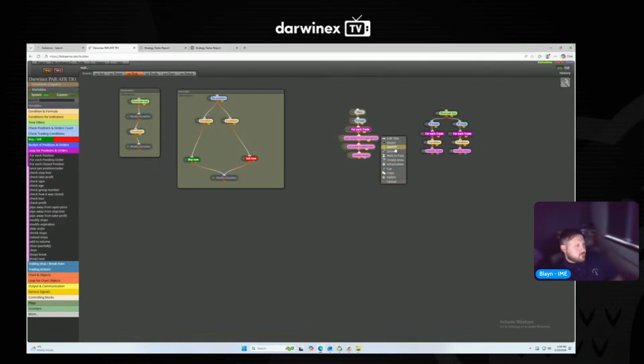Turn that off. Essentially what this is doing is we're going to trail it. So we're probably going to run it every 4 hours. So every 4 hours it will have a look.